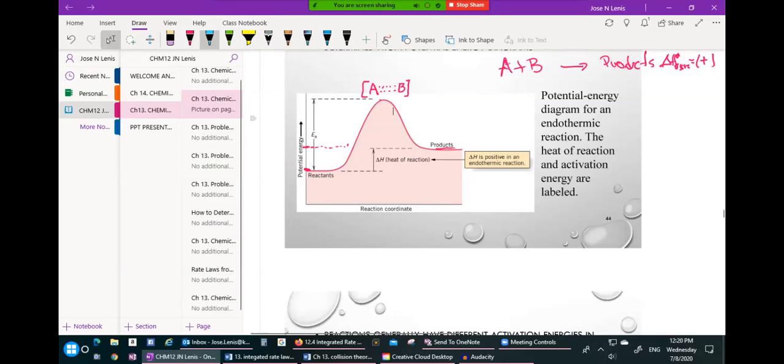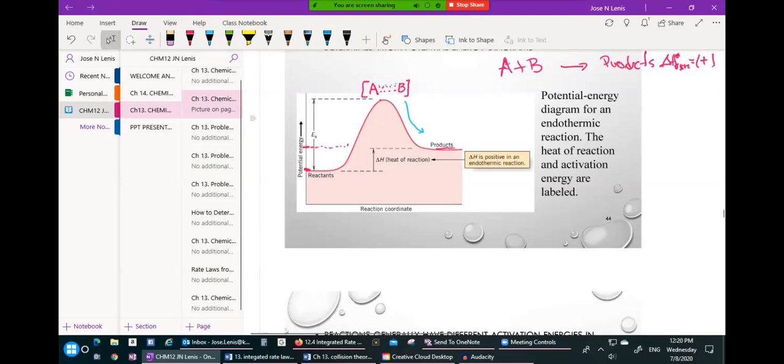So at that state, the old bonds start to get weaker, weaker, weaker, to the point that with just a little bit more energy, that old bond is gone. And the new bond is formed. And that is what produces or makes the products.